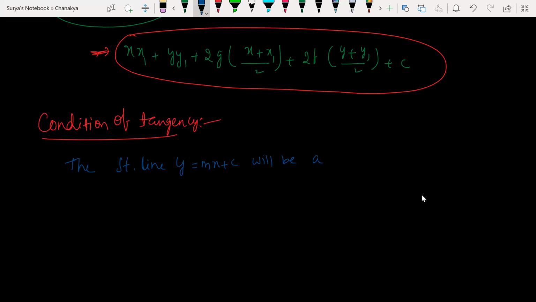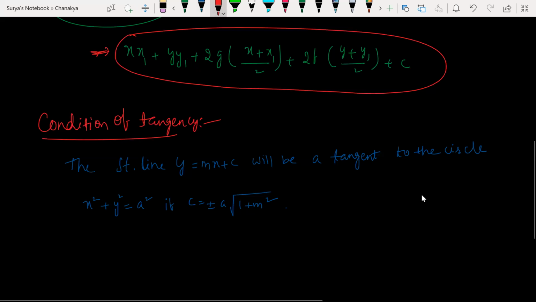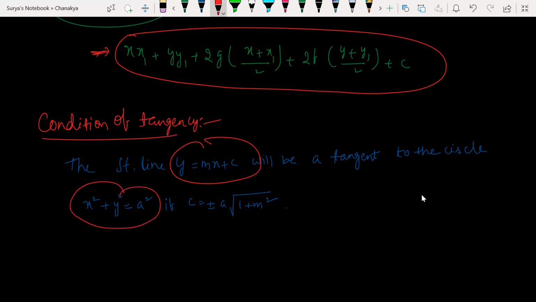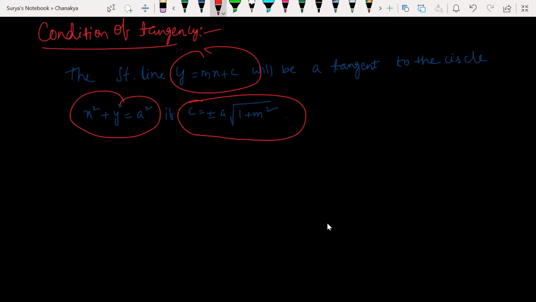It will be a tangent to the circle x square plus y square is equal to a square if c is equal to plus or minus a into square root of 1 plus m square.